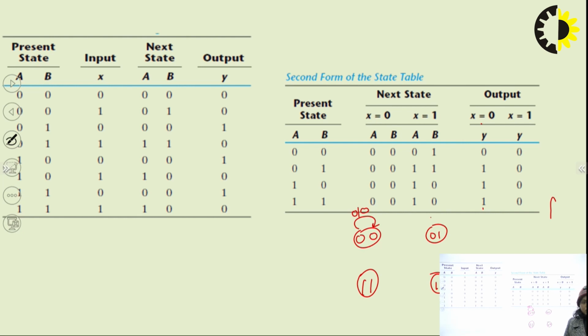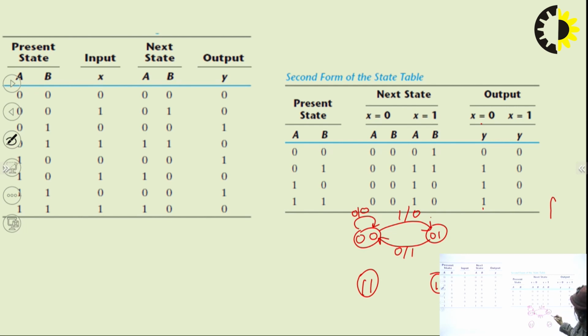From 0 0 to 0 1, input is 1 and output is 0. From 0 1 to 0 0, input is 0 and output is 1.